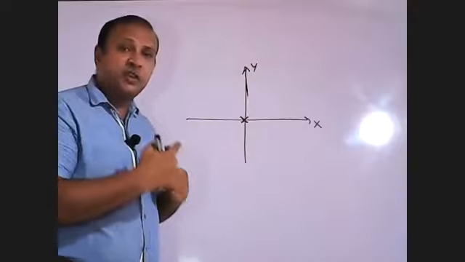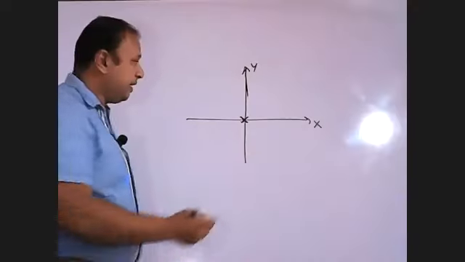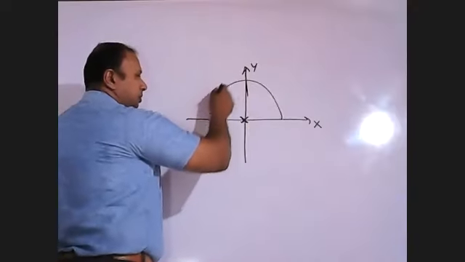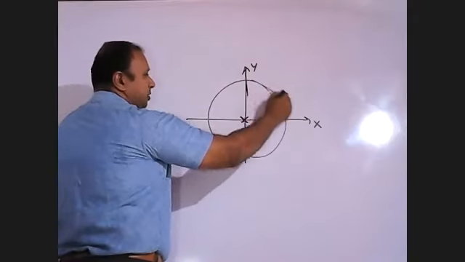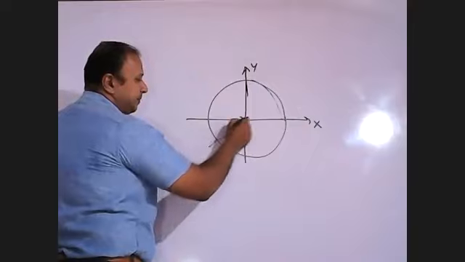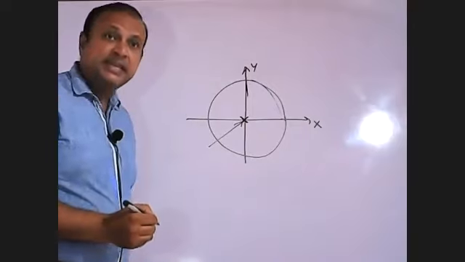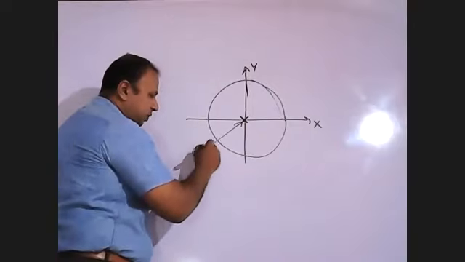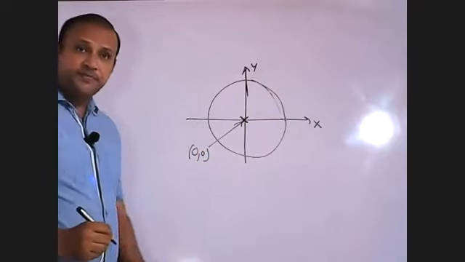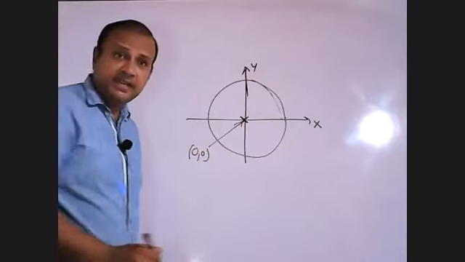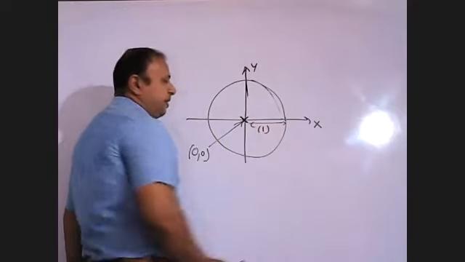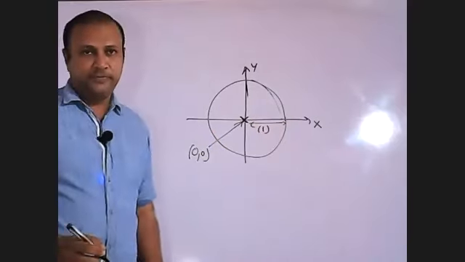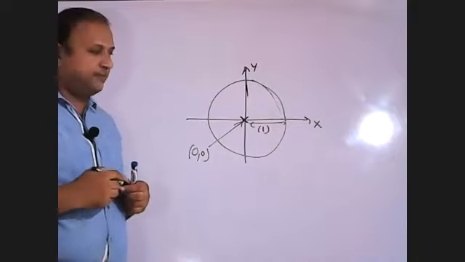That is the reason we call it a unit circle. The center of the unit circle is the origin, which means the 0, 0 coordinate, and the radius is unit 1. That is the definition of a unit circle.